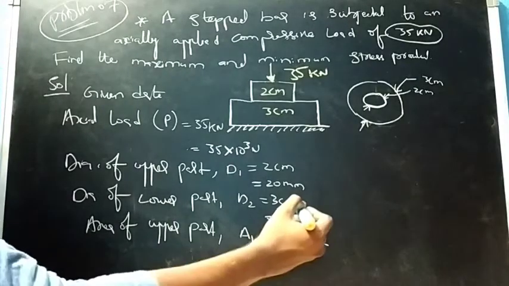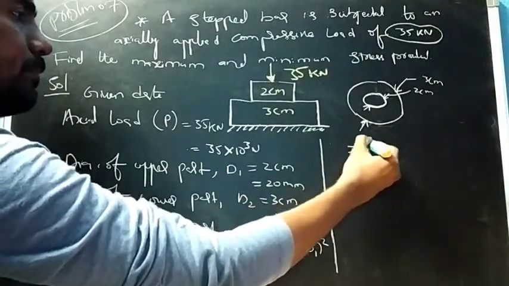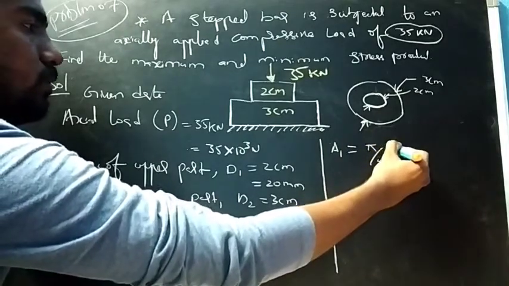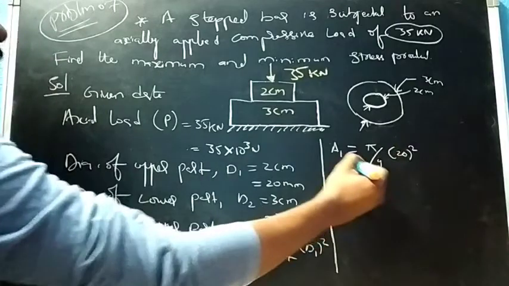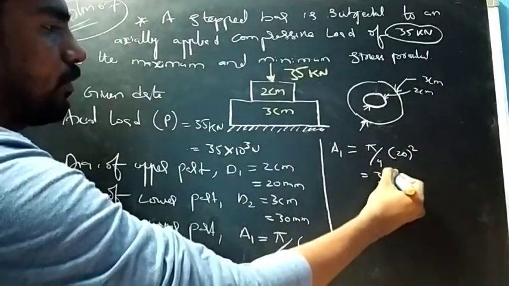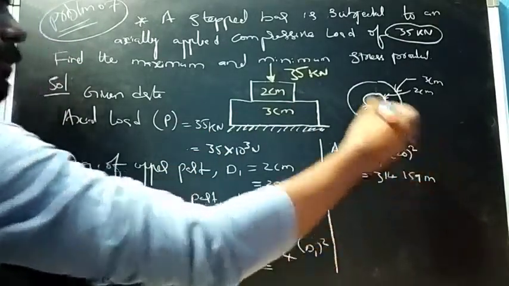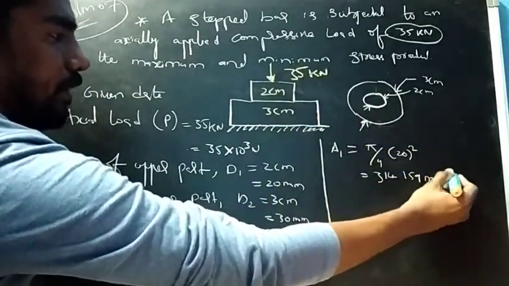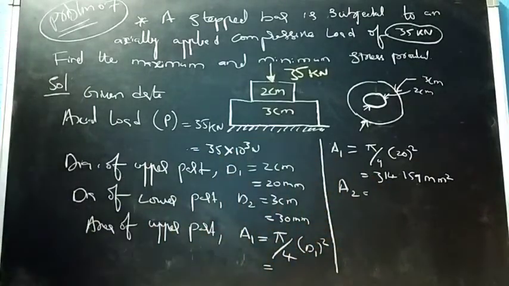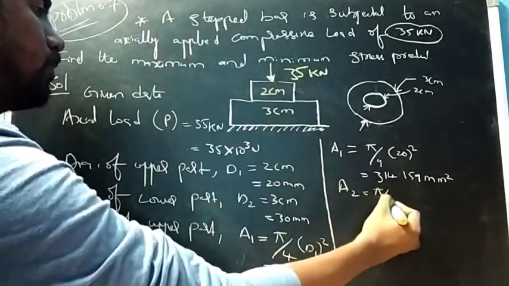We know that A1 is pi by 4 into 20 square. So that is how much? It will be 314.159 mm square. Right? So now let us find out the area of lower section, that is pi by 4 into d square, that is pi by 4.